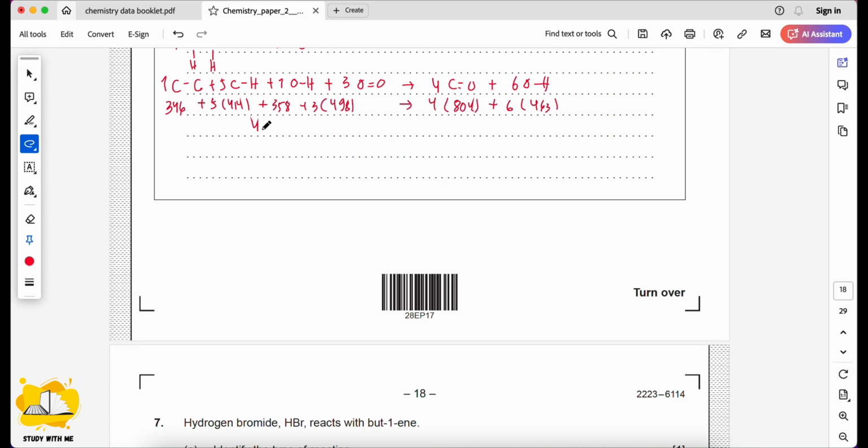The total is 4731 for one side and 5994 for the other. So delta H is bond breaking minus bond forming. So 4731 minus 5994 will be negative 1263 kilojoules per mole.